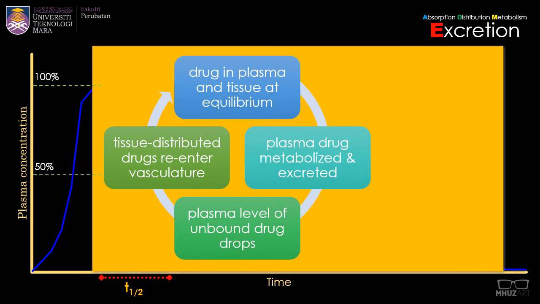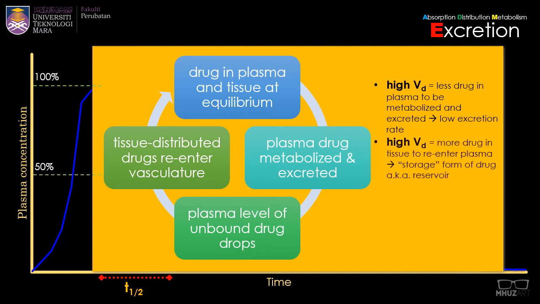So I reiterate again that for drugs with high VD, there is less drug in the plasma to be metabolized and excreted, so there will be a low excretion rate. Couple it with the fact that with high VD, there will be more drug in the tissue to re-enter the plasma as the levels of the drug in the plasma drop.